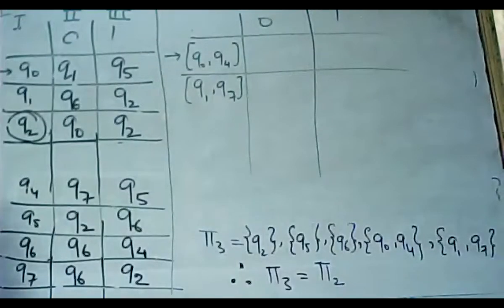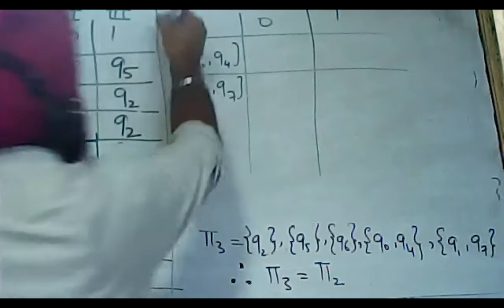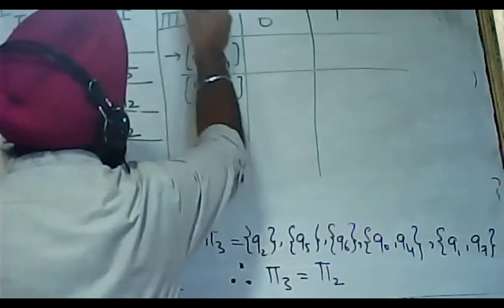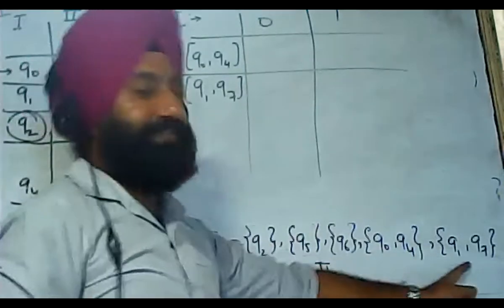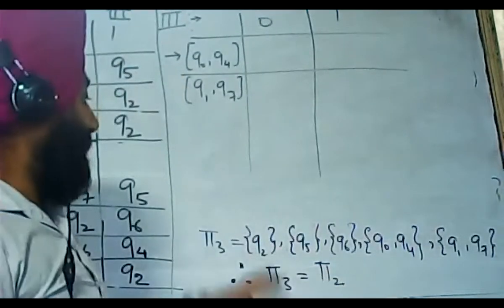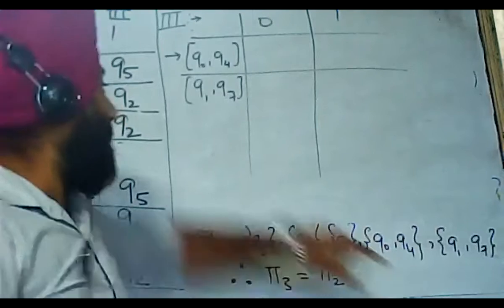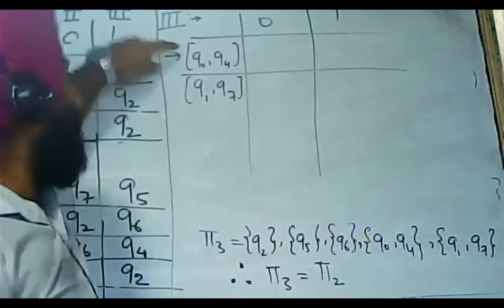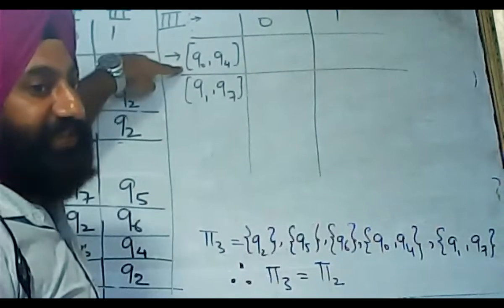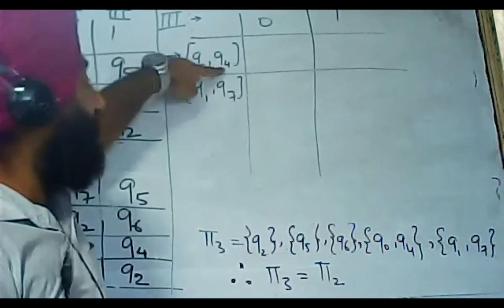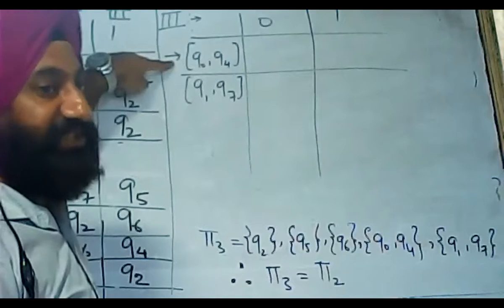So after this, step number 3 is you have to construct a new transition table with these states. So write these states in square brackets. Always start with the state which is your initial state, so Q0, Q4 is acting as your initial state.